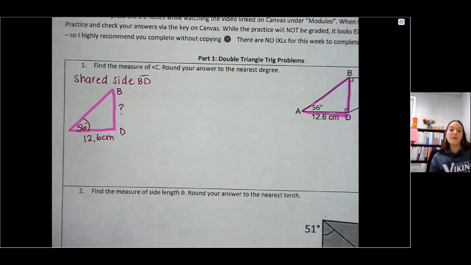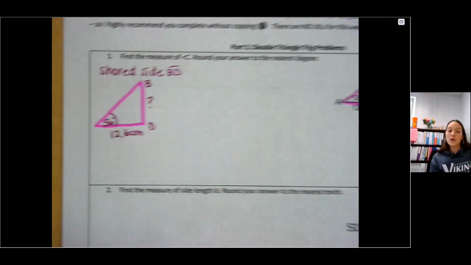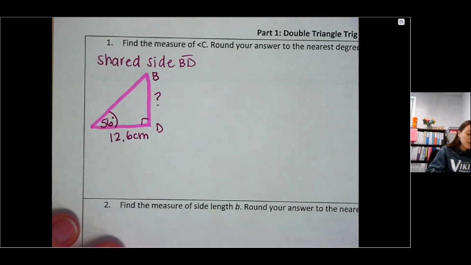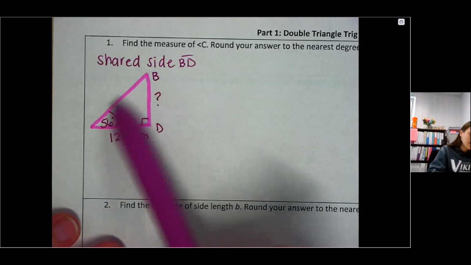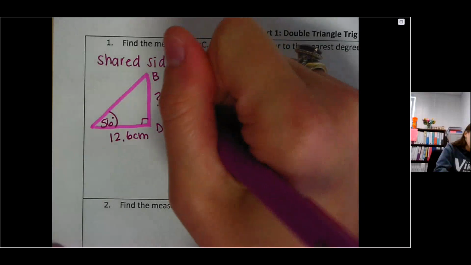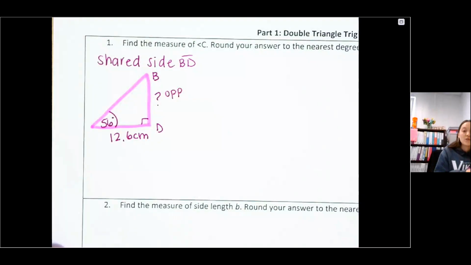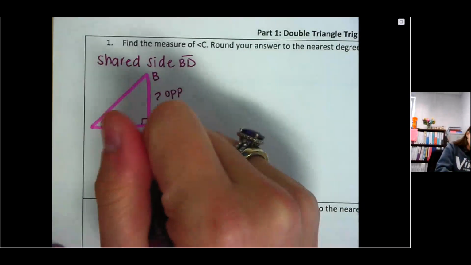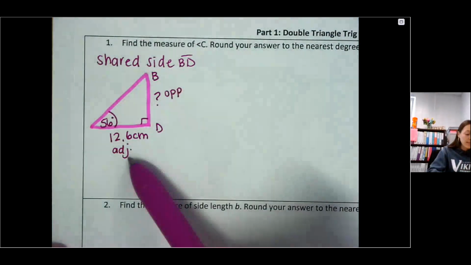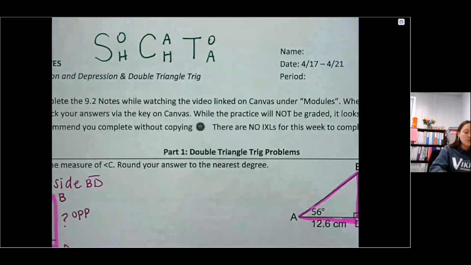So just like a regular trig problem like we did before, we're going to start by labeling our sides. So here's my 90 degrees. My hypotenuse is across from the 90. There's nothing there. If 56 is my reference angle, across from it or opposite would be my side BD. And then the 12.6 is going to be my adjacent side. It's right next to the 56. So if I'm going to use opposite and adjacent, I'm going to use tangent for my problem.